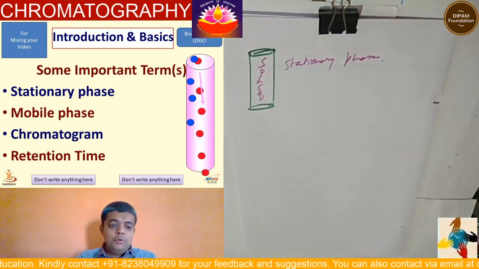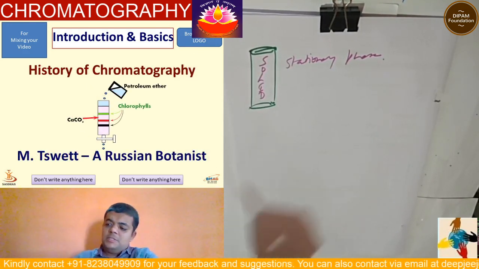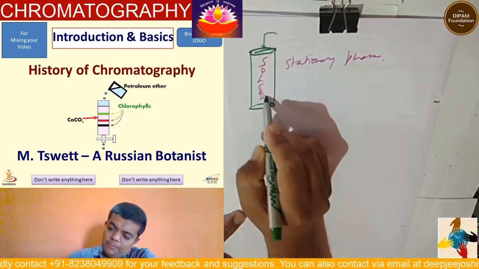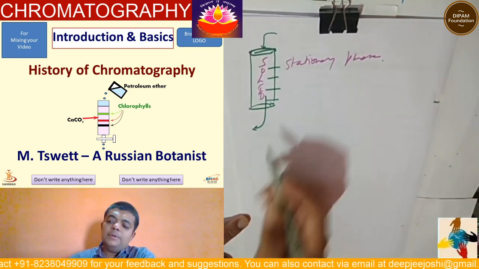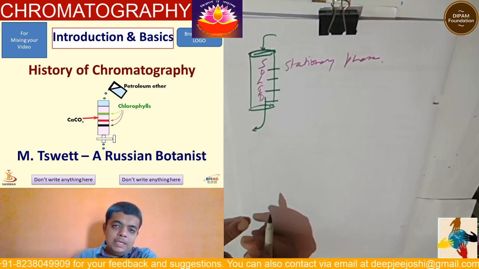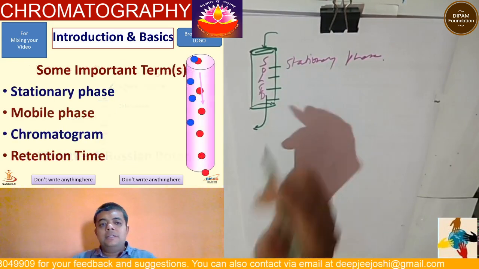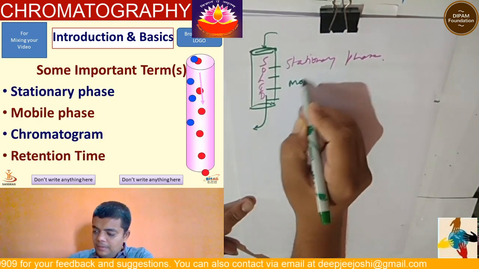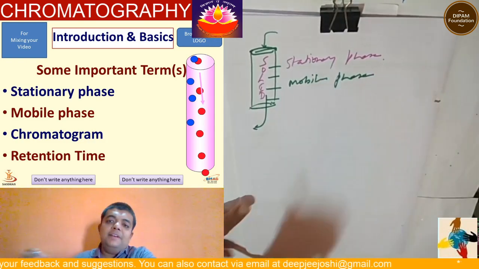Now, if you remember the previous slide, it was this petroleum ether coming from top, moving out from bottom, and helping to separate the components from a matrix. So this movable part that keeps on moving and does not remain stable is called mobile phase.